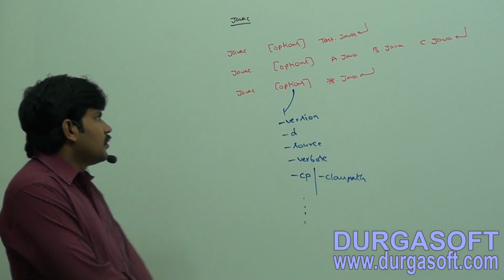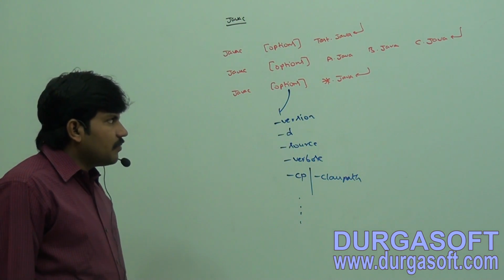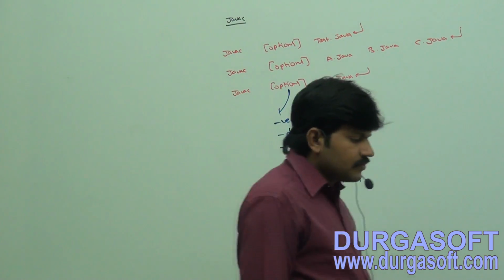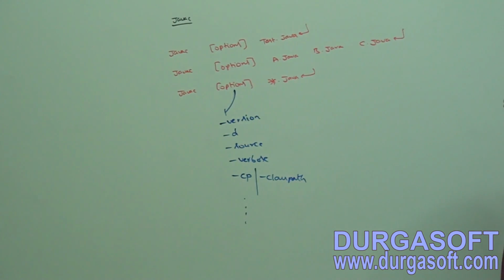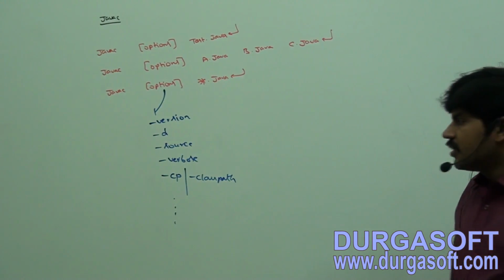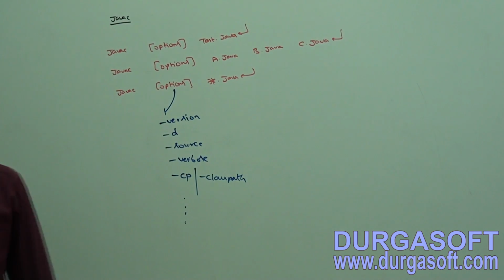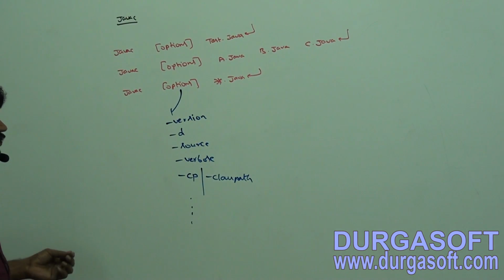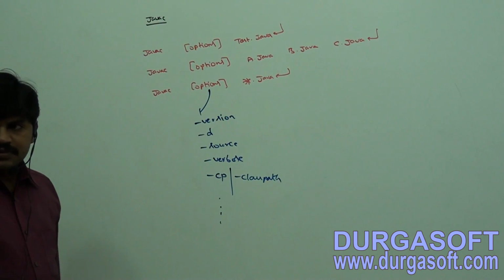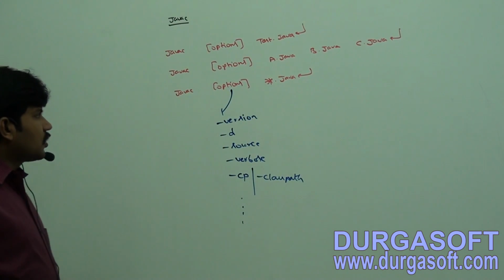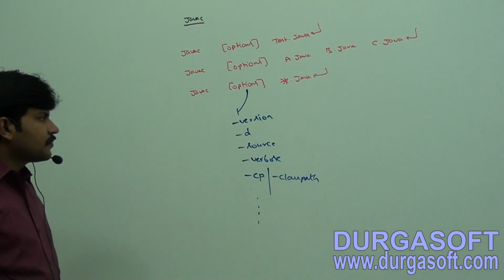Add javac various options Tester.java. Next, javac various options A.java, B.java, C.java. Next, javac various options star.java. Are you able to get it, right?